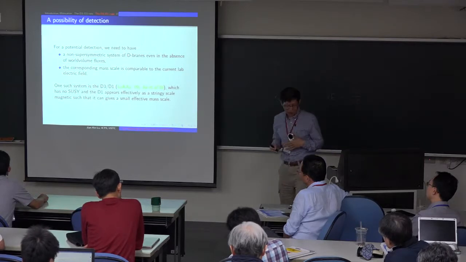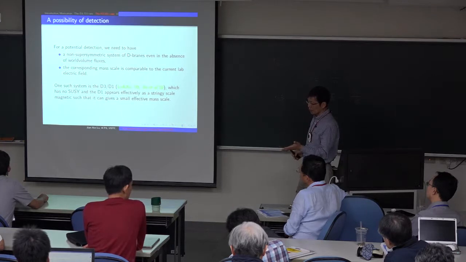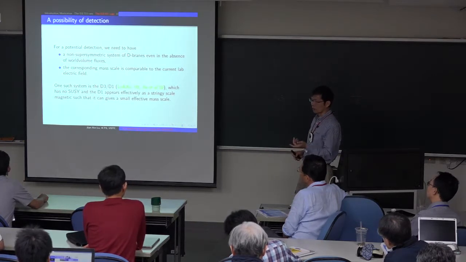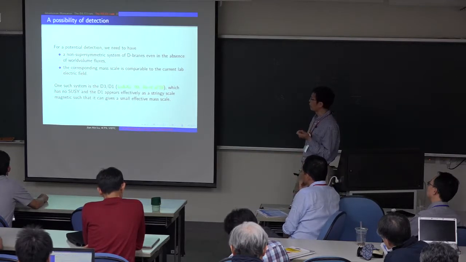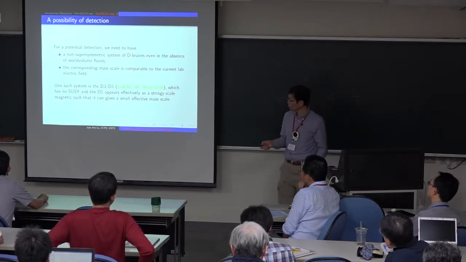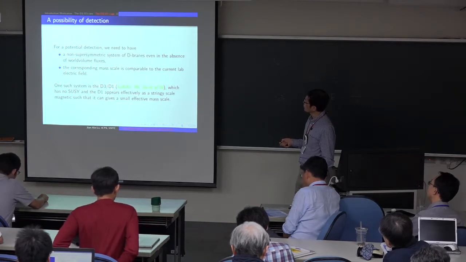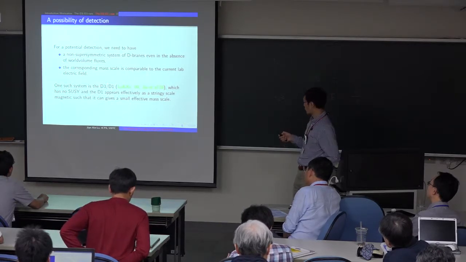But this one, I guess most of us probably know: a D-brane, a Dp-brane, if it carries constant magnetic flux, is equivalent to a codimension-2 D(p-2)-brane, which is actually delocalized along the magnetic direction. So in our computation, the D1 to the D3 is something like a SUSY-scale magnetic flux.